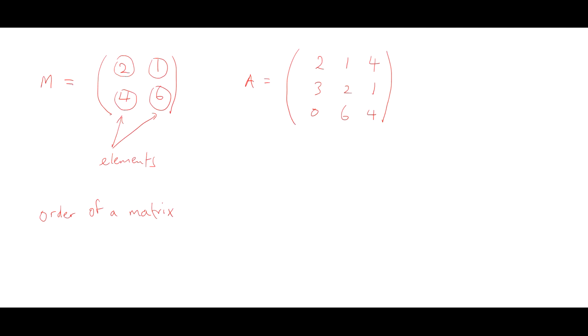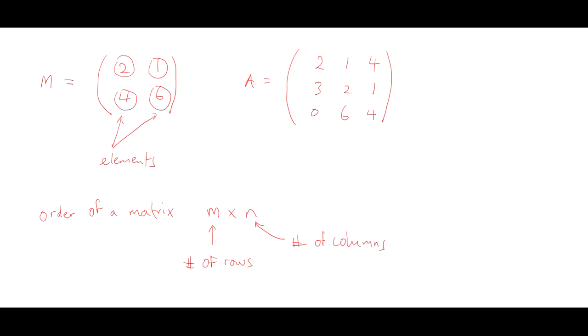Usually we say the order of a matrix is M by N, where M is the number of rows in the matrix and N is the number of columns in the matrix.